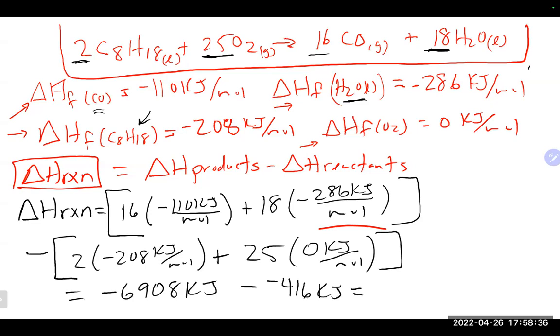And when we subtract them, which will then add them, we will end up with negative 6908 plus 416. We'll end up with a negative 6492 kilojoules in this case. And that would be our delta H value for this reaction.